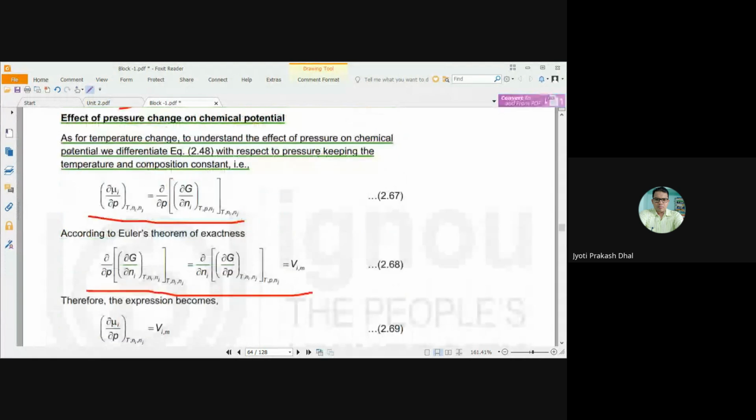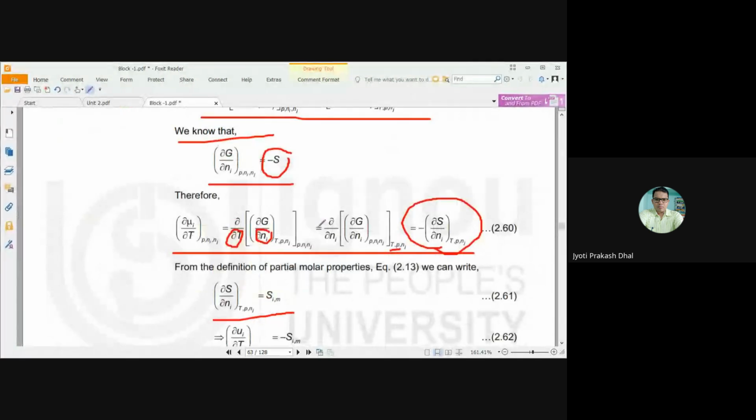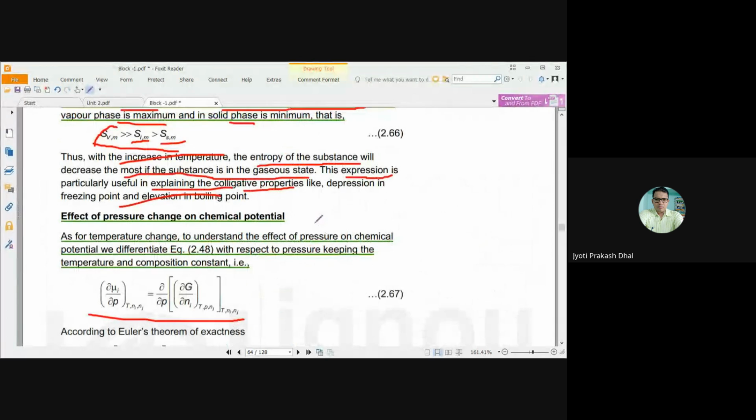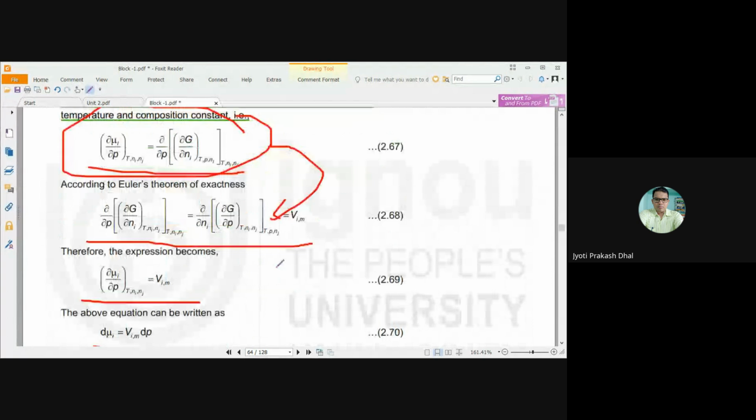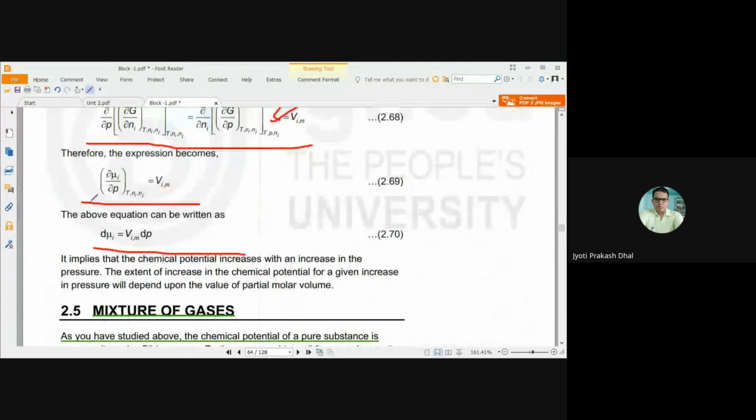After that, we will discuss the effect of pressure change on chemical potential, from equation number 48. Now applying Euler's theorem to this, we can write this expression equals Vi,m. Therefore, ∂μi/∂P at constant temperature and constant number of moles of all components, because here pressure will vary, is nothing but Vi,m.